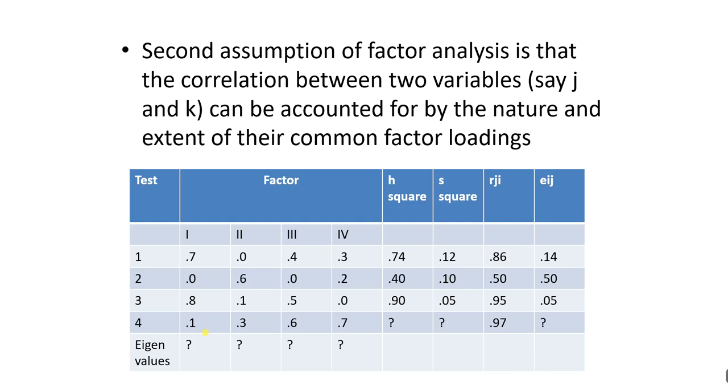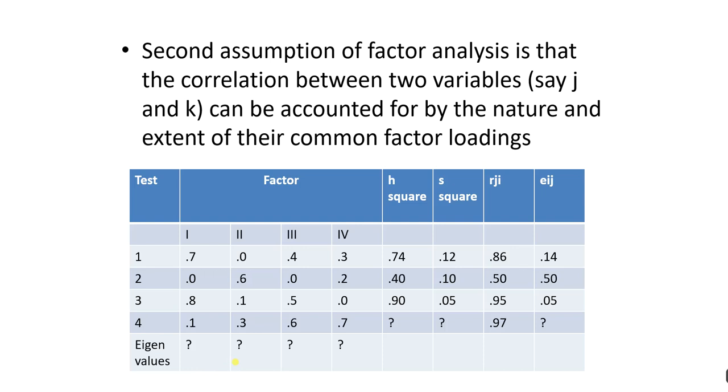But technically speaking, the percent variance explained by a factor is the obtained eigenvalue, which is the sum of squared factor loadings of a factor across variables, divided by the maximum possible eigenvalue, which will always be equal to the number of variables, times 100. That is the percent variance explained by the given factor.